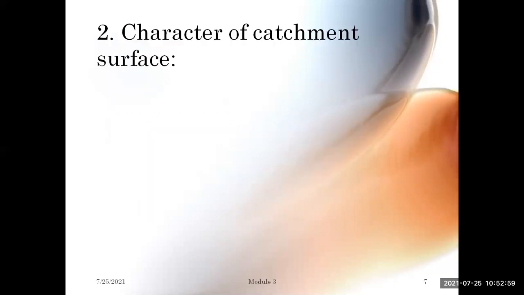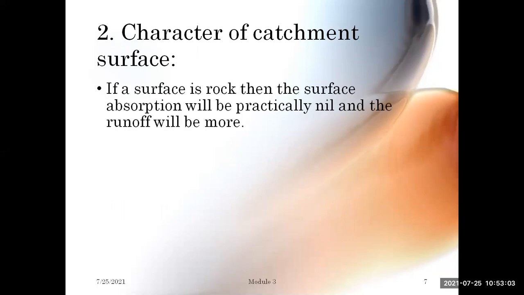The second factor is the character of catchment surface. If it is a rock surface, then the absorption capacity will be low. In that case, obviously the runoff will be more, because rock is not a permeable strata. Rocks are an impermeable strata, so the absorption will be nil on a rock surface. In that case, you can see more runoff.